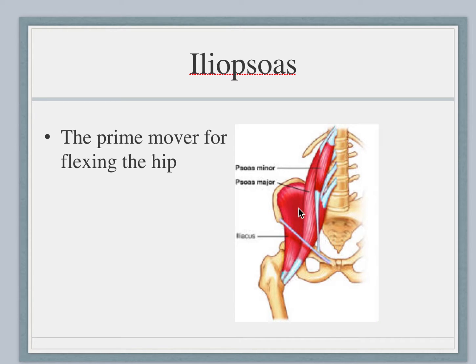This muscle runs in front of the hip joint. Since it runs anterior to the hip joint, when it contracts, it causes flexion of the hip. It causes the femur to move in front of the body, and therefore flexes the hip. This is the prime mover for hip flexion. It is the strongest hip flexor.